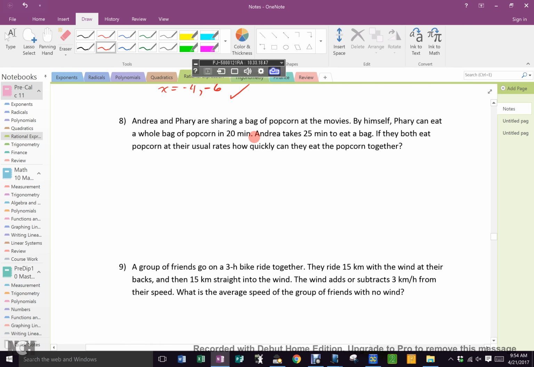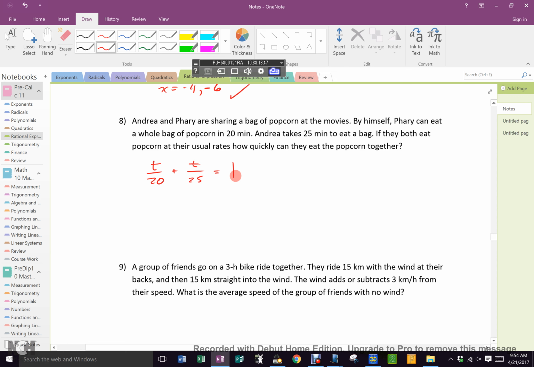All right. So this is the Sherry stuff from your notes, yes? How much popcorn can Fairy eat in 20 minutes? One whole bag, right? So how much can he eat in 1 unit of time? 1/20th, right? T over 20 is Fairy. How long's Andrea? T over 25. And that will equal how many bags of popcorn eaten? 1. Right?